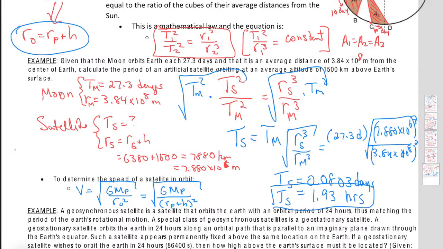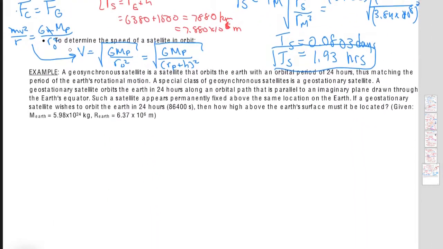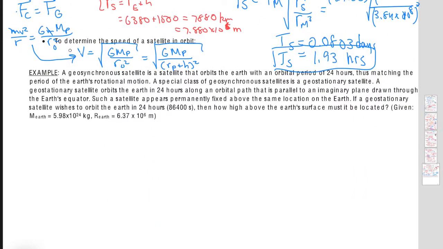What that does is say my centripetal force equals my gravitational force, so mv squared over r equals GM, the mass of the planet, over the orbital radius squared. Do a little algebra, and you end up with v equals the square root of GM_P over the orbital radius.